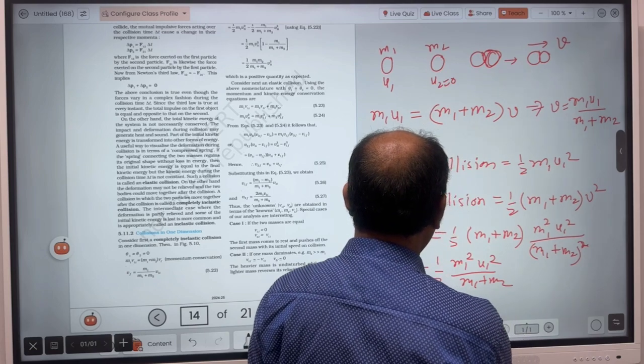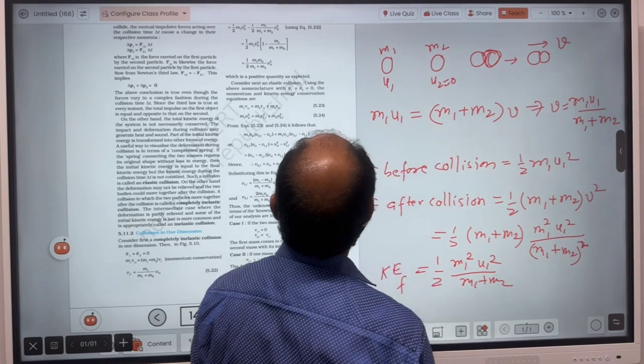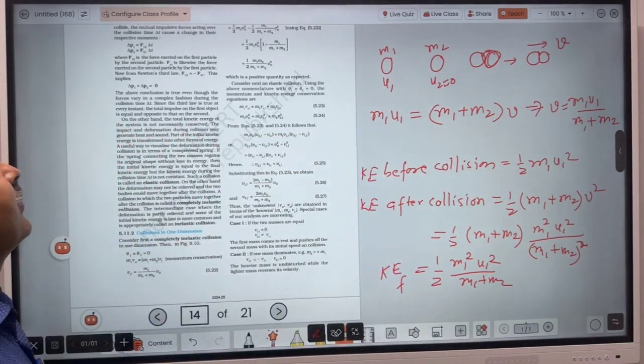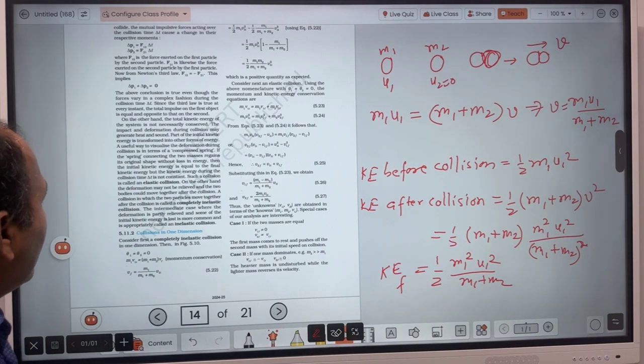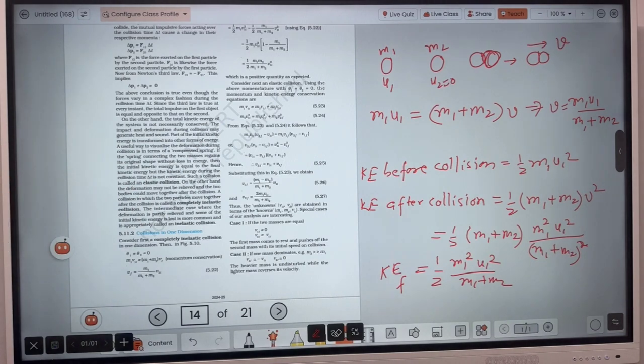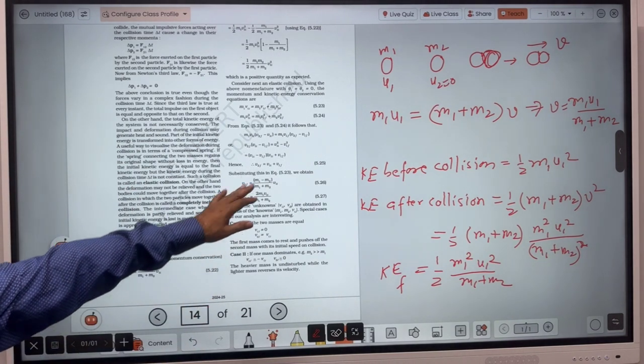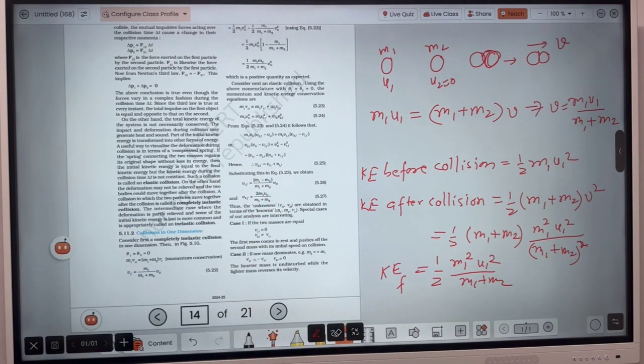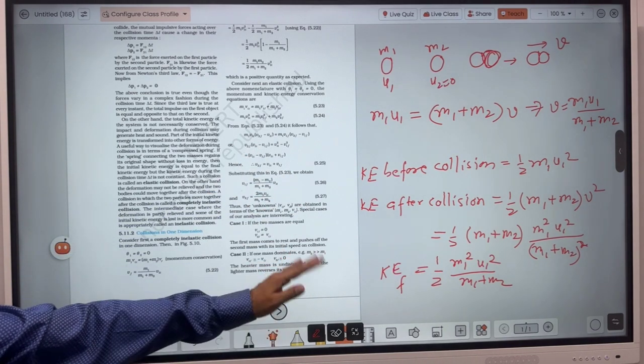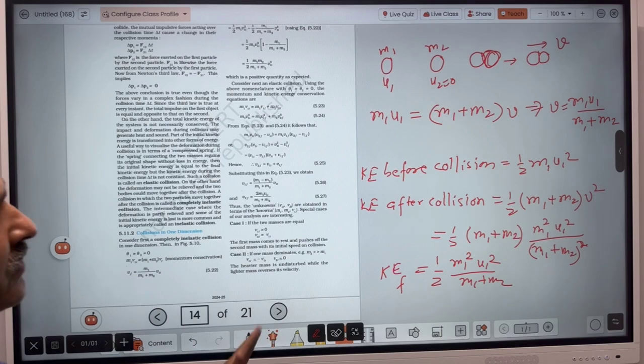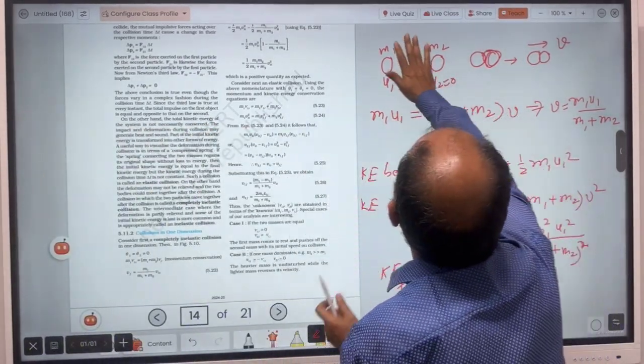So you have got the kinetic energy final value. Now we have to check the difference, whether the difference is positive or negative. So we take the kinetic energy before collision and the kinetic energy after collision and just find the difference.